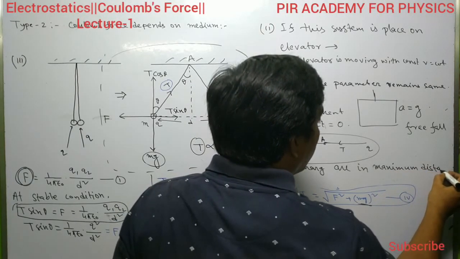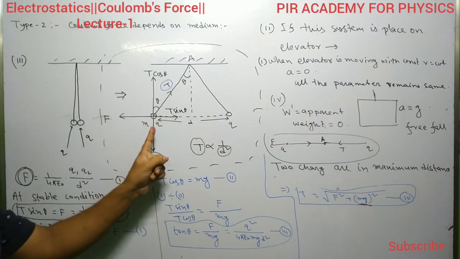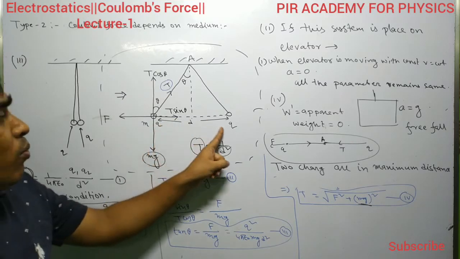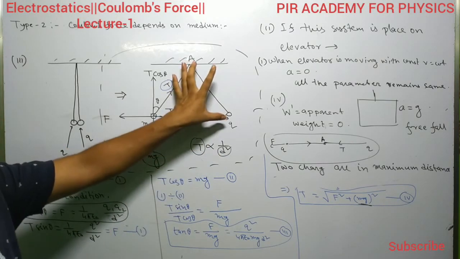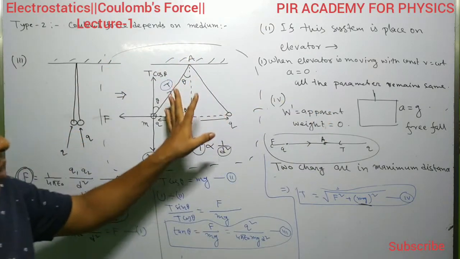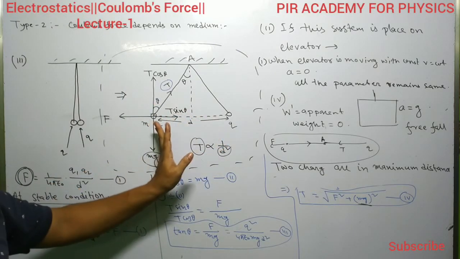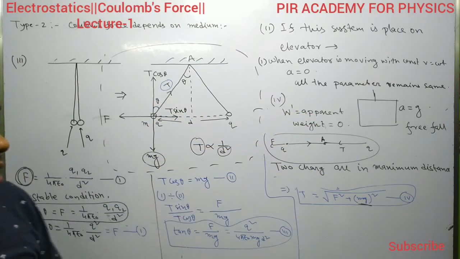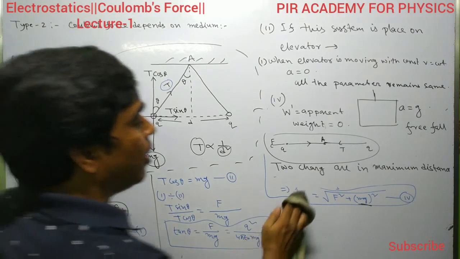That means, in what condition will the distance between two charges be maximum? The maximum is the length of this wire plus the length of this wire. Then when this system is in free fall, the distance between two charges will be maximum. Number 3.